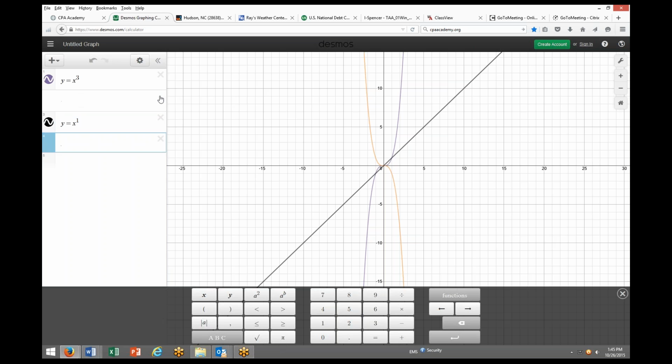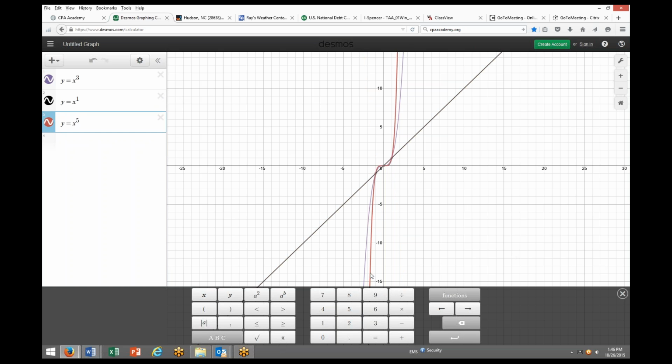In fact, I'm going to delete this negative x to the third now. Let's go y equals x to the fifth one more time with an odd exponent for a power function. And now this is sort of in a pinkish red color.